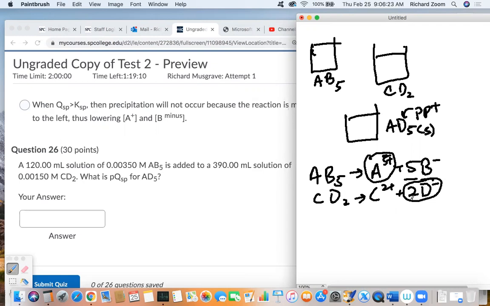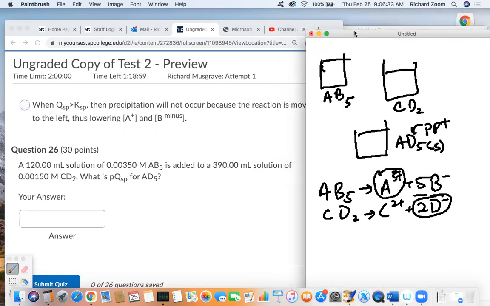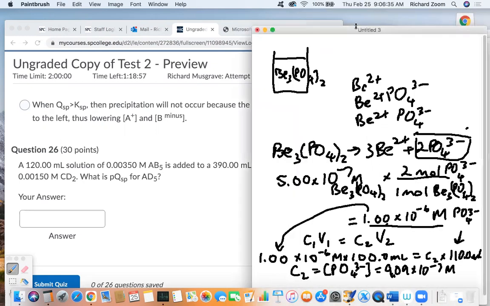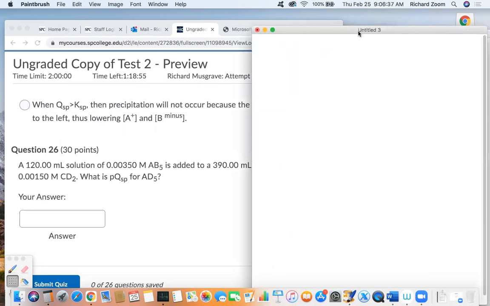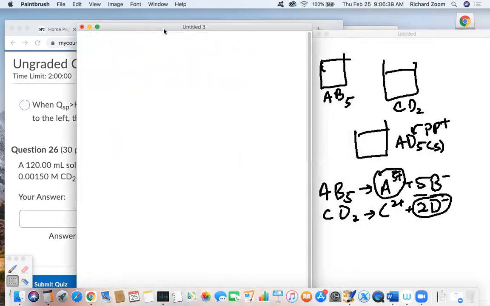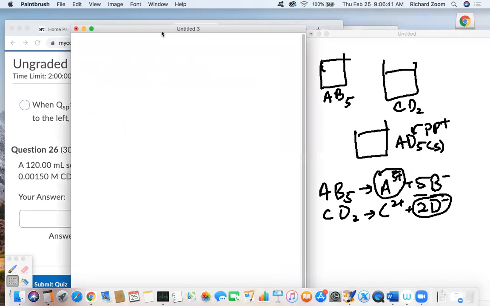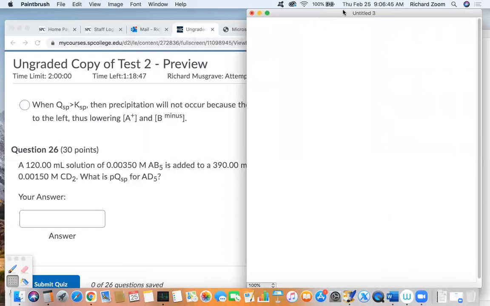Does anybody have any questions? Okay, so let's look at the AB5 first. So we're looking at AB5.